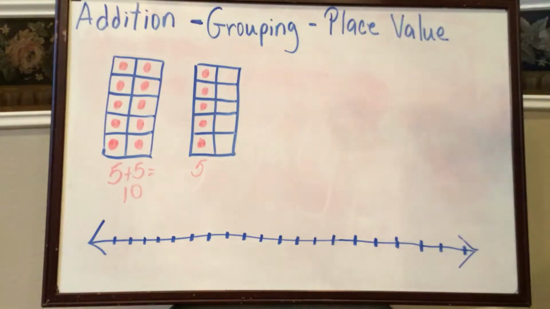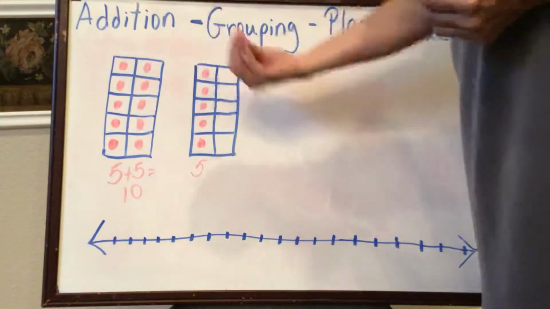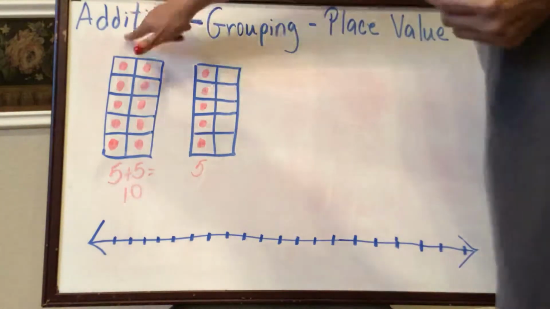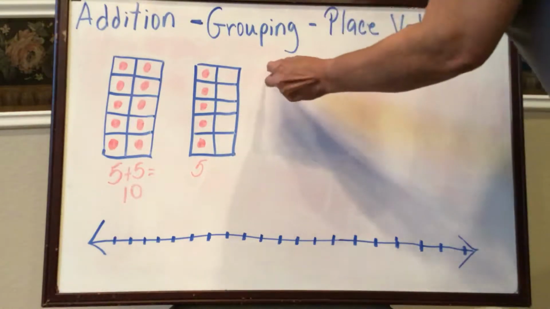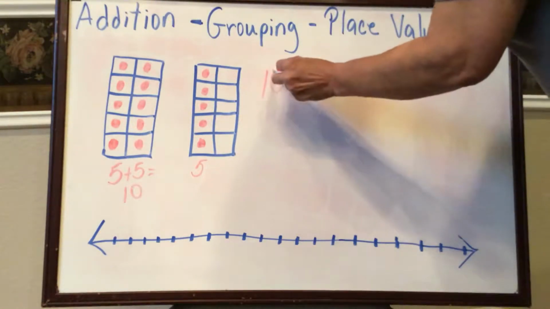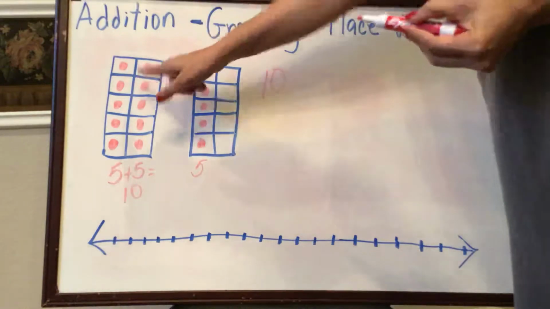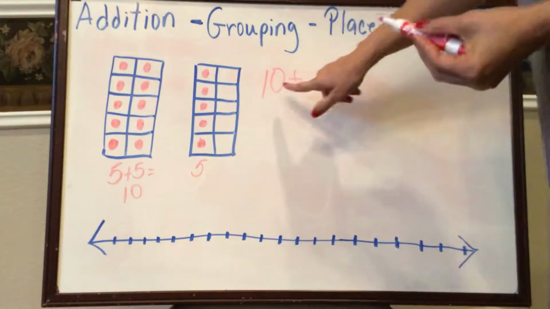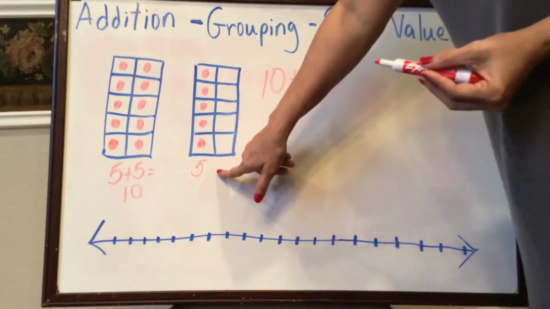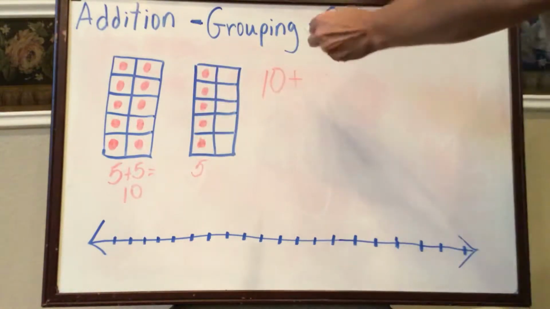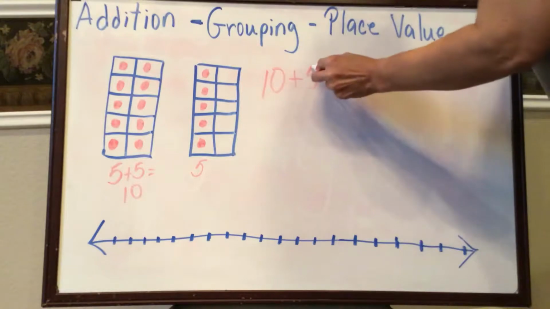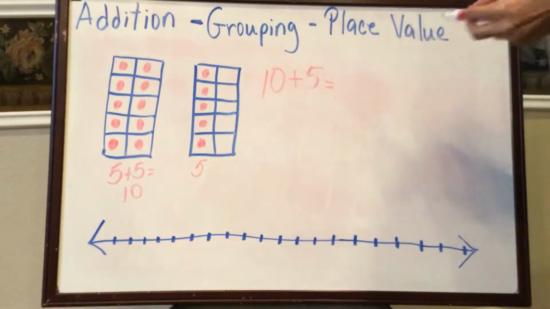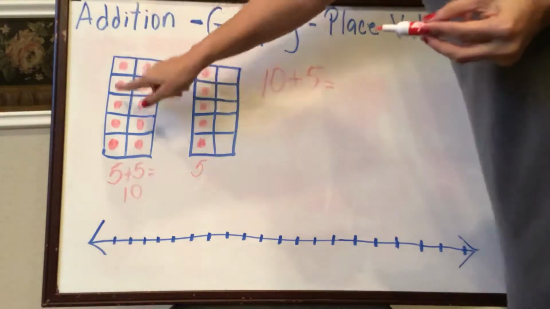Okay, so let's represent this in an addition. So if I have 10 units plus, I'm going to add the 5 that I have here. How many do we have in total? Do we need to count again 1, 2, 3, 4?